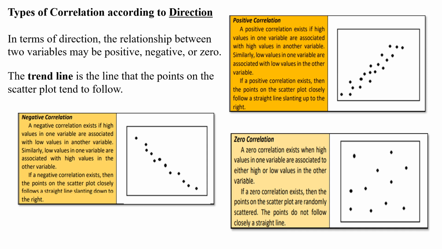Ibig sabihin, there is no relationship between those two variables. So, kapag mataas yung isang value, pwede yung isang value niya mataas or mababa. Okay? Then, dun sa kanyang scatter plot, kung mapapansin, wala siyang sinusundan na line. So, wala kang mabubuong straight line dyan.